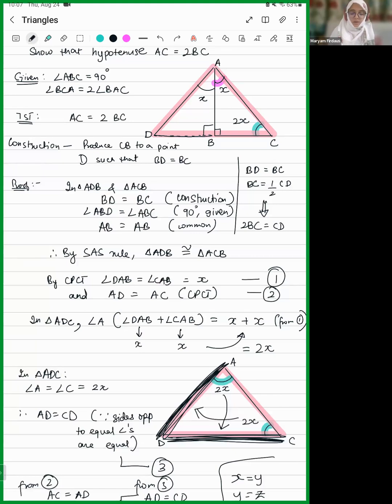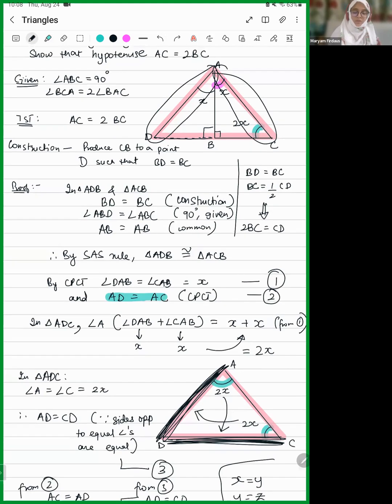See, Avni, why are we doing this? We have already shown that AD is equal to AC. Yes, we have shown these two sides to be equal. Why do we need to show that AD is equal to the third side also? Well, because in the question there is no such thing as AD.